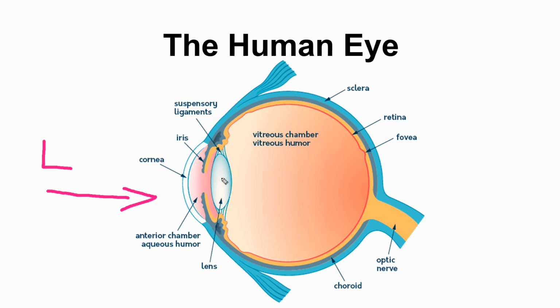The next thing we do is we have light pass through our lens. And our lens is kind of just what it sounds like. It is something that is going to bend and shape the light that comes into our eye. So our lens can actually make adjustments, and these adjustments are called accommodations.